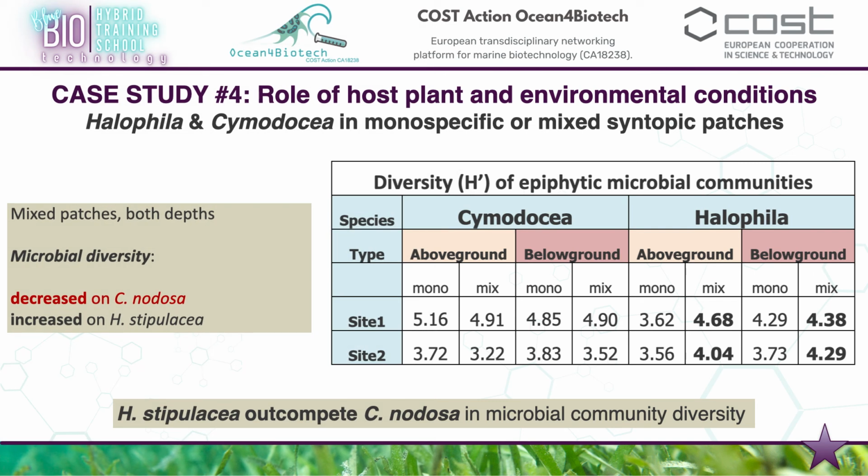And again, while in mixed patches, at both depths, microbial diversity decrease in Cymodocea and increase in Halophila. And this is quite helpful for Halophila that can support a very big and diverse microbial community.